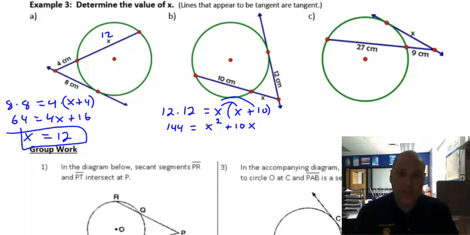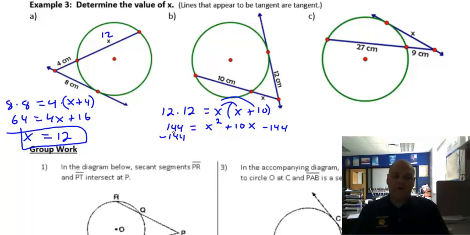Now I have an equation with x squared and also x. Now I got to use my algebra skills. My algebra skills say to get it equal to 0. I got to get the 144 over. So now it's 0 equals x squared plus 10x minus 144. And then you can factor it.